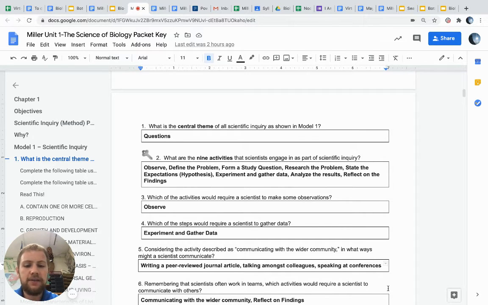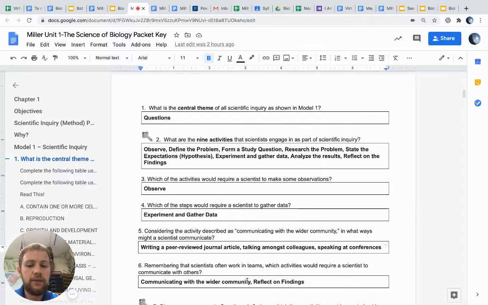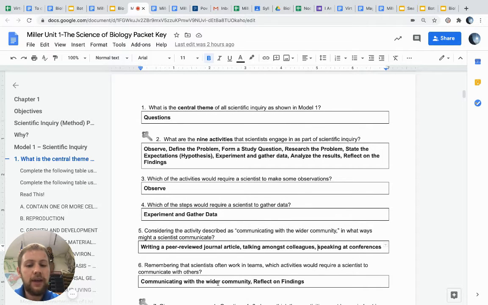Remembering that scientists often work in teams, which activities would require a scientist to communicate with others? So certainly communicating with the wider community would be one of them that we just talked about, and also reflecting on findings.